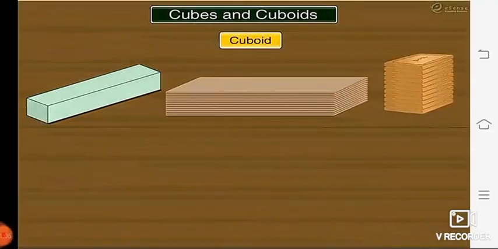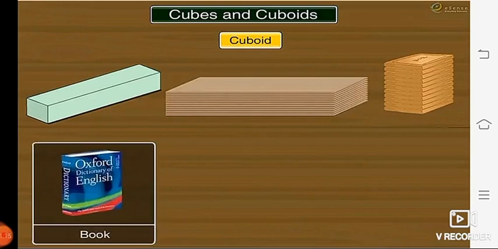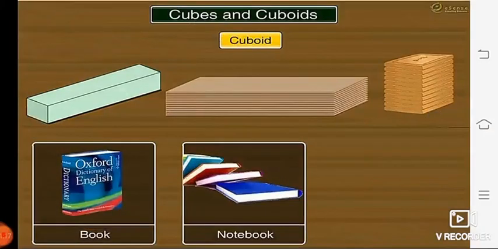Now I will tell you some of the things we use in our day-to-day life which have a cuboid shape. The first one you will see on the screen is a book. Dictionary, is it having a cuboidal shape?